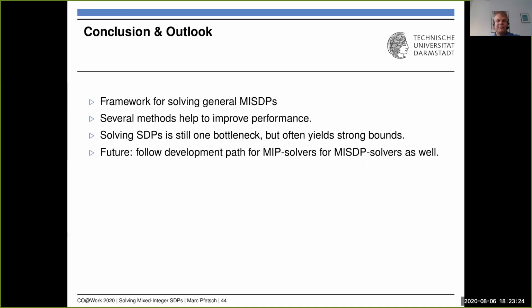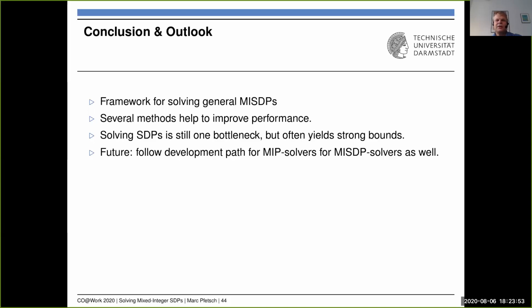Several methods help to improve the performance. Remember that our approach was to solve general mixed integer SDPs, so it should work for any mixed integer SDP that comes around. Solving the SDPs is still the main bottleneck here. But often these SDPs provide strong bounds, so you get many fewer nodes in comparison to an LP-based approach.